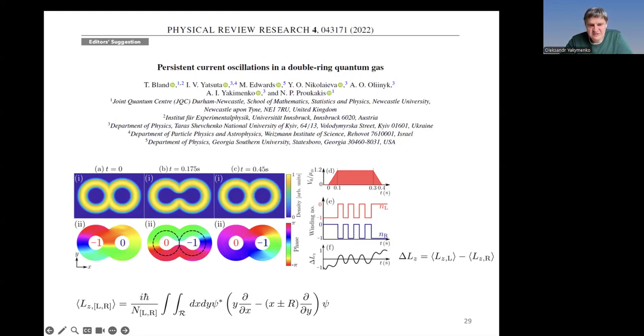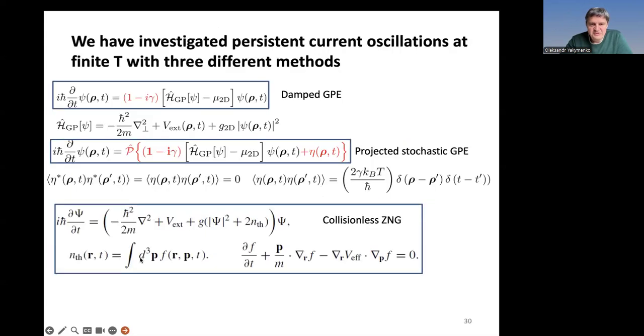So this periodic oscillation has been considered with different methods, this is the so-called damped GP, which introduces some effective dissipation. This dissipation is related to the interaction of condensed atoms with the thermal cloud, and this is the so-called projected stochastic Gross-Pitaevskii equation, which on top of dissipation also includes some noise effects, and this is white noise in this case.